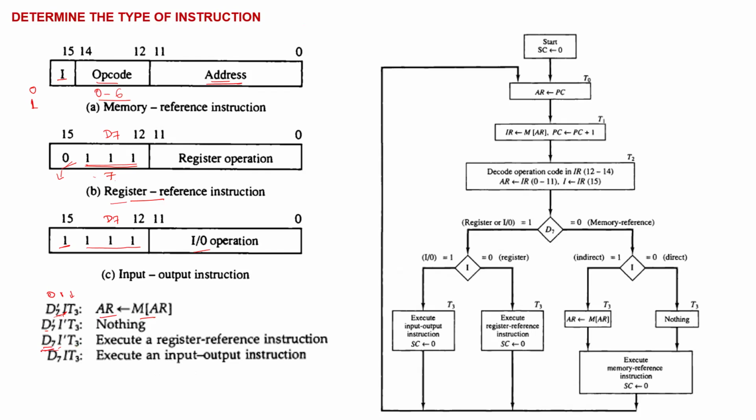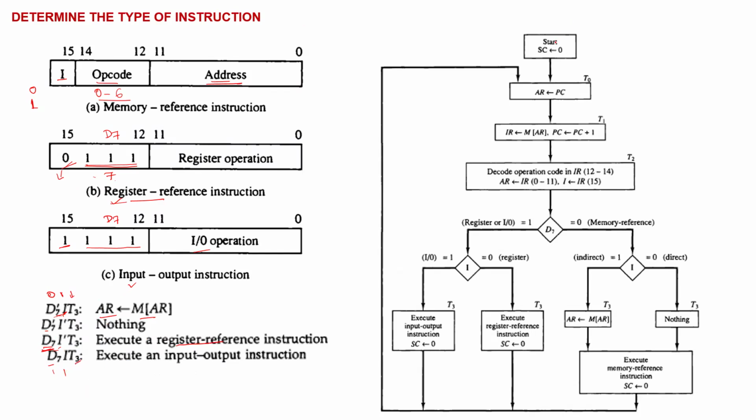D7 being 1 means there are only two possibilities: either a register reference instruction or an input output instruction. Since D7 is 1, we have to check I. If I is 0, that is I dash, then we have a register reference instruction. If D7 is already 1 and I is 1, then finally it is an input output instruction, and this time cycle is T3.